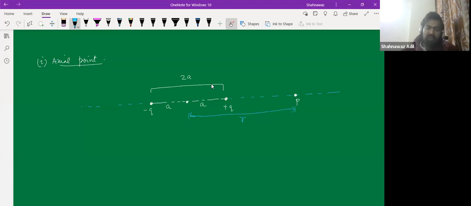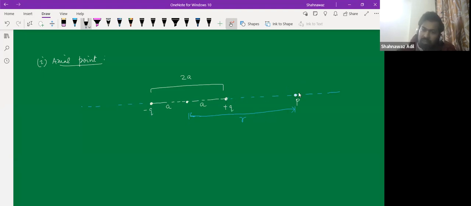The electric field is a vector quantity. It follows the superposition principle, right? So it will have two contributions as you guys have said. One would be due to this plus Q, the other one would be due to minus Q.